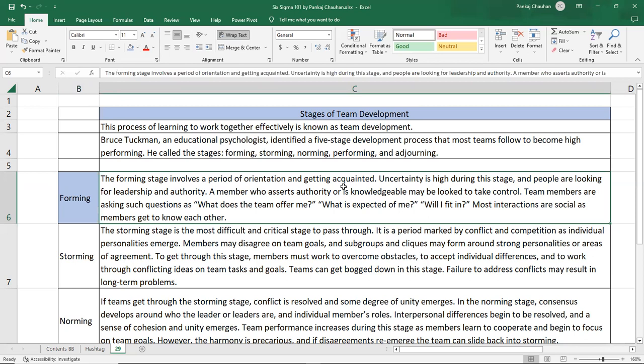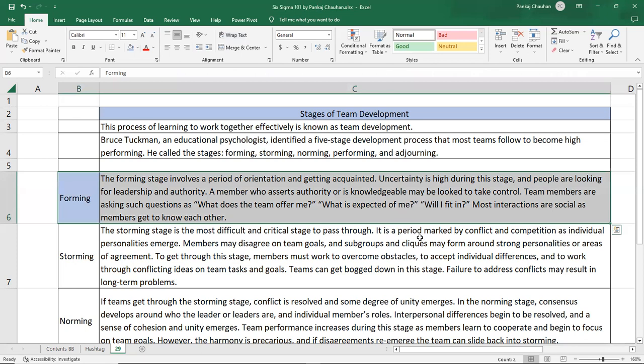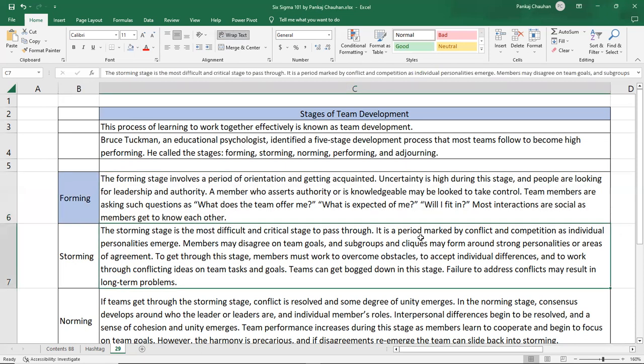So a member who asserts authority, or a knowledgeable member, may be looked to take control. Some of the team members are asking questions like: what does the team offer for me? Will I really fit in or not? Most interaction is social as members get to know each other. So basically in forming, when you are creating a team, you are finding the right skill set for the task that needs to be performed. Creating a team is called forming.